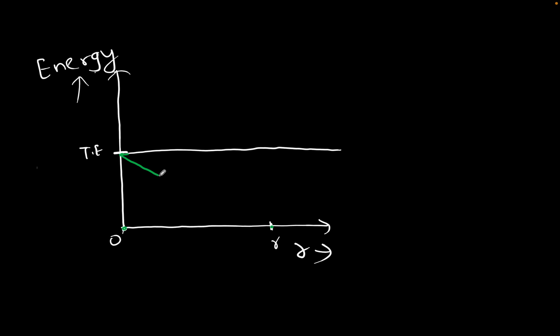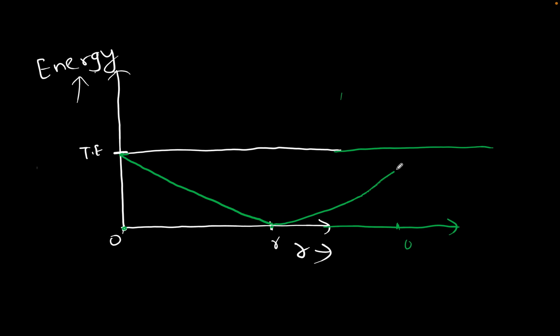So it is going to be plotted this way, right? Now from maximum displacement, again the body is going to oscillate to its mean position, let's say at 0. So this is again going to be up till here, right? Kinetic energy is again going to start to increase up until it's maximum here.